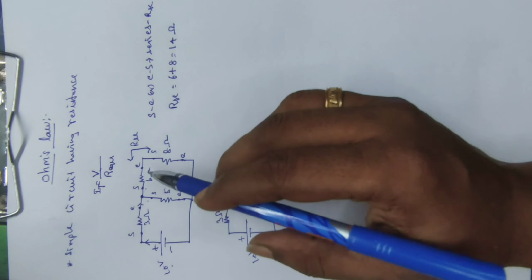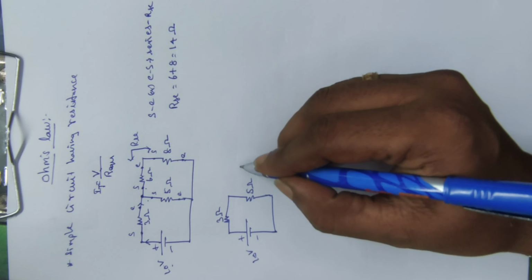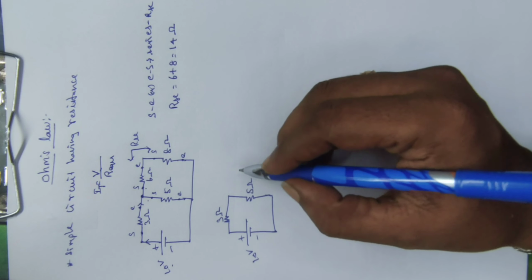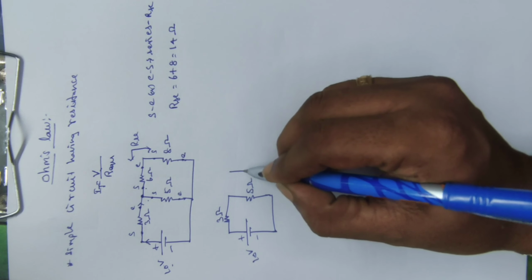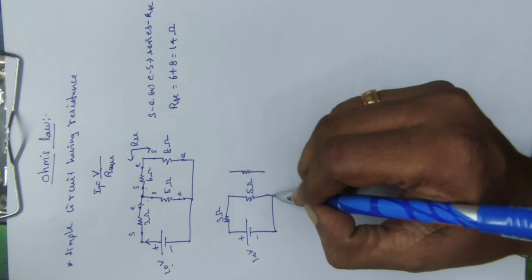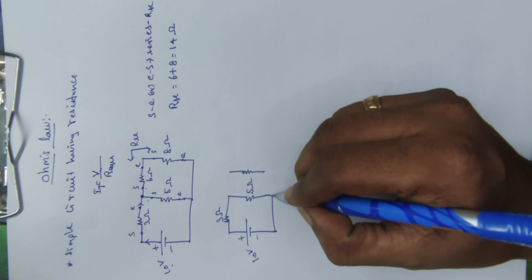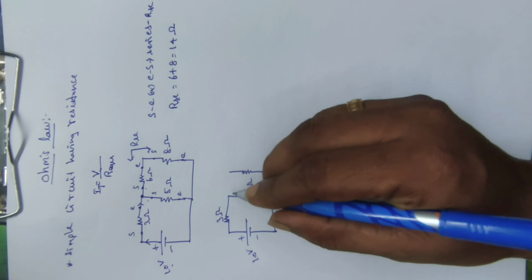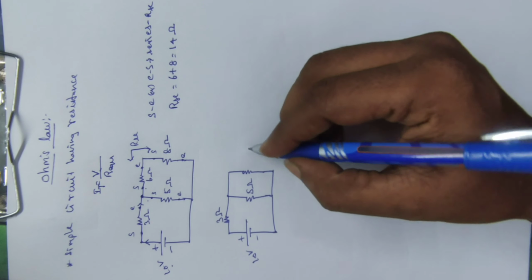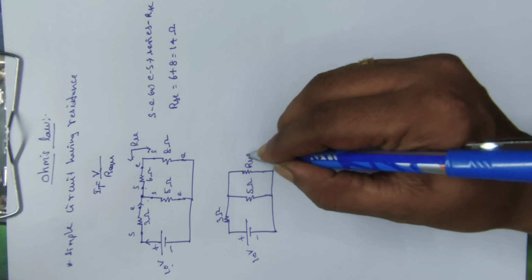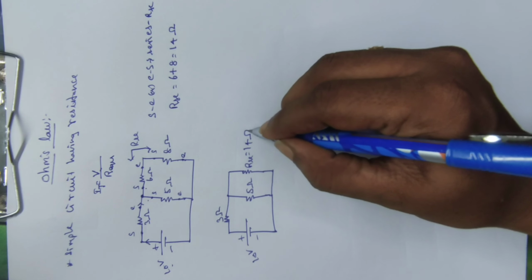That RSC we can write on a horizontal side or a vertical side. It is our own wish. For compatibility purposes, I am writing it like this. Either this direction or that direction, both are the same. So I have connected it with the existing circuit, and this is my RSC, and the value of the RSC is 14 ohm.